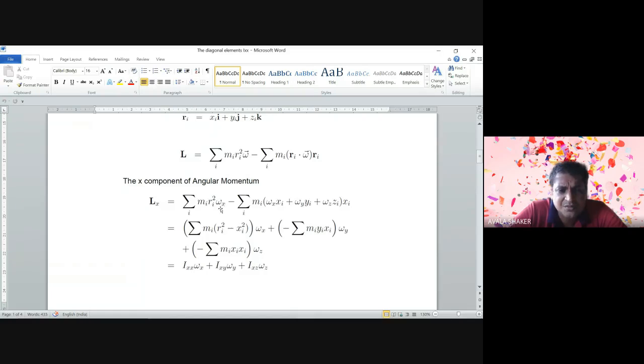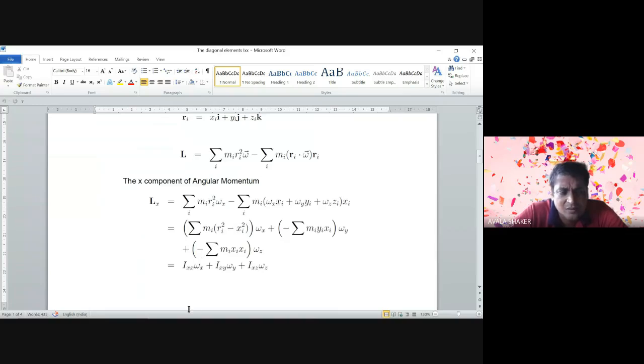Now here if you expand this, what you will get is r_i squared minus x_i squared, but this is going to be x_i squared plus y_i squared plus z_i squared. So this component will be y_i squared plus z_i squared, omega x, and then minus. So finally, what I get is the Lx component.